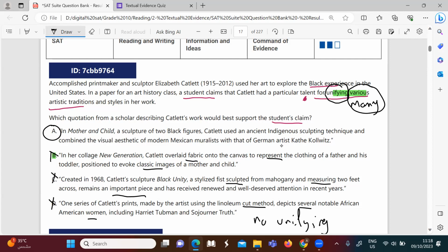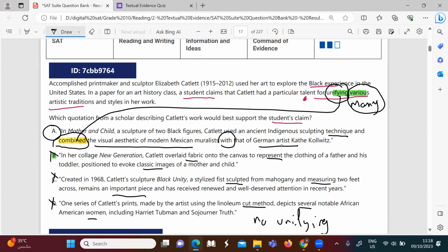Look, used ancient indigenous sculpting techniques. And this is the key word. Combined the visual elements with that of German and so on. So she combined. Combined means unified many artistic traditions.